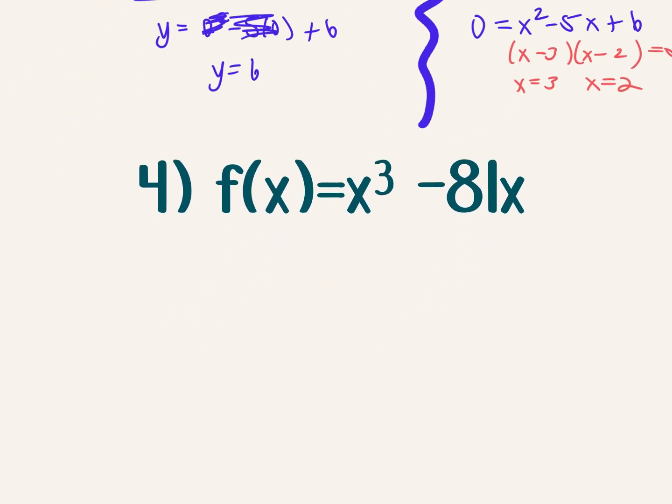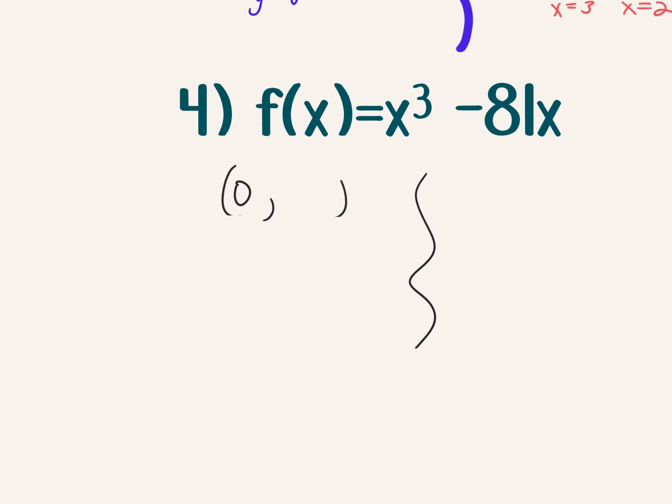Let's do 4. I'm going to plug in 0 for x and see what I get out for y, because f of x is the same way as saying y. Is it always going to be equal to 0? If you're finding the intercept, yeah. So I'm plugging in 0 for my x's. I'm finding y.